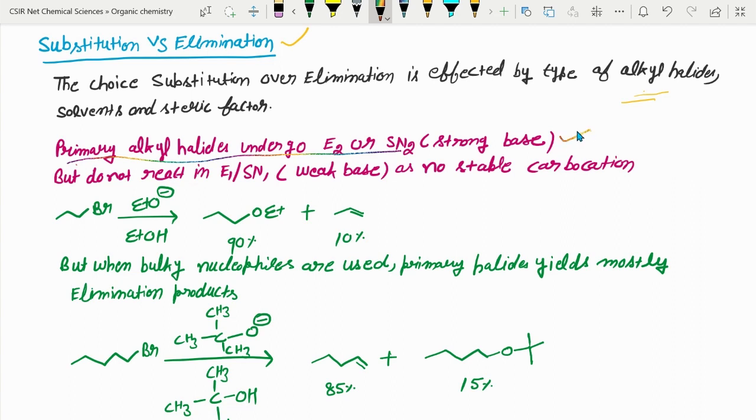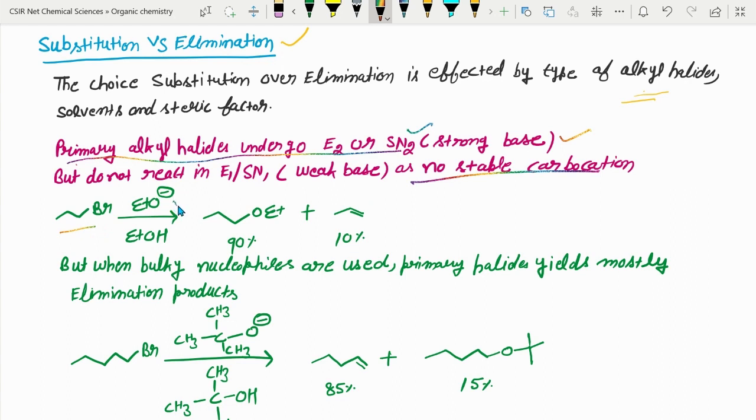So when you use primary alkyl halides, there will be E2 elimination, and there will be the addition product by the SN2 reaction. But they do not react by E1 elimination and SN1 when you use a weak base, as there is no stable carbocation. There will be no reaction when we use weak bases in the case of E1 elimination or SN1 addition products.